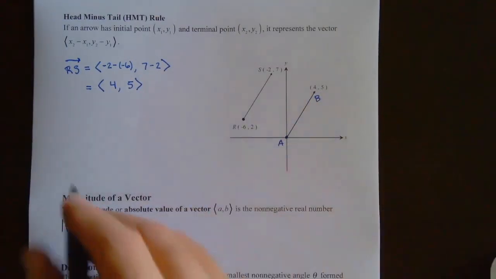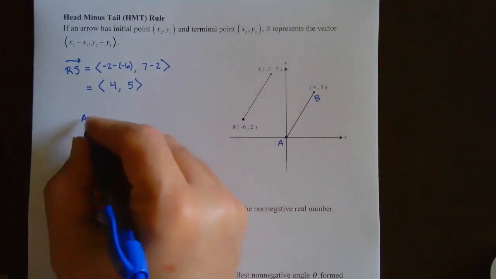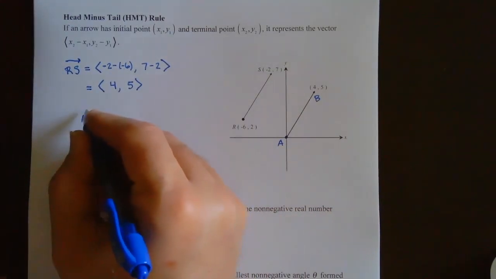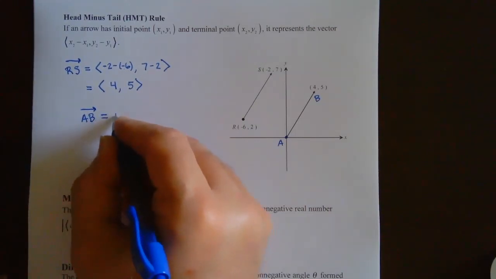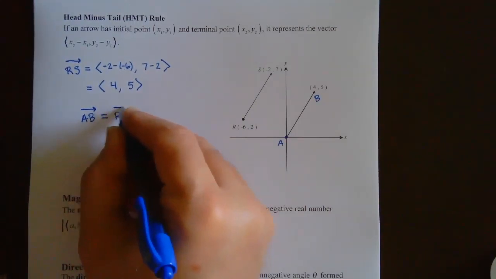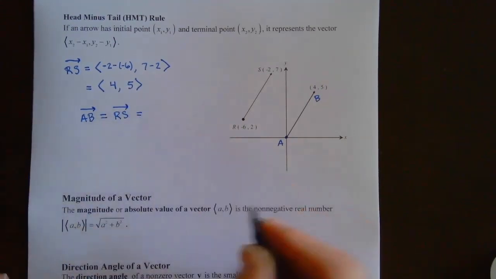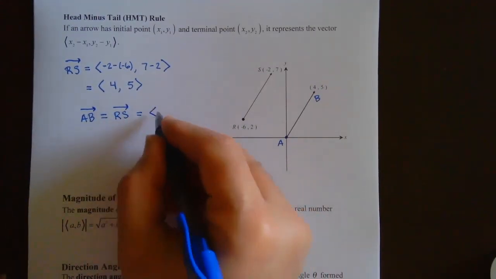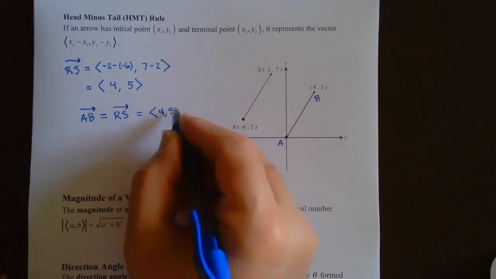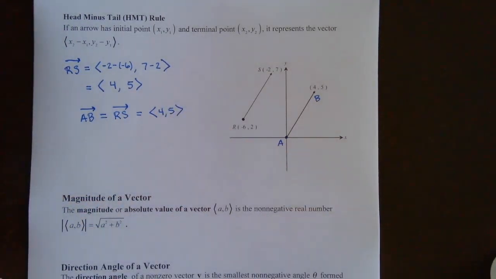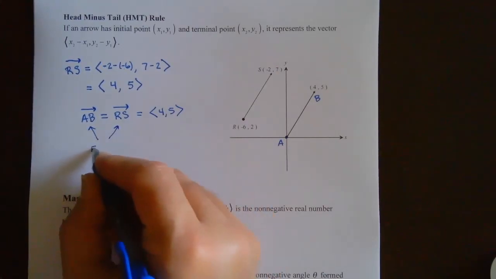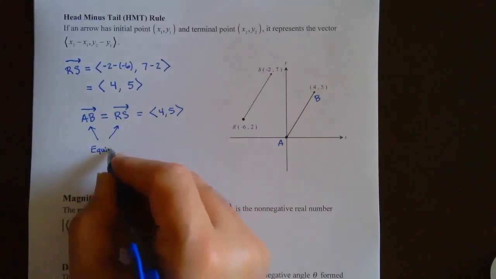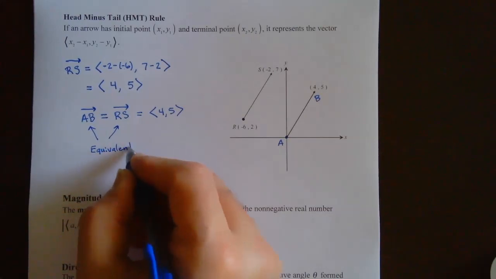So what this means is that the vector AB is equivalent to the vector RS, because they both in component form become the vector 4 comma 5. So we would say that these are equivalent vectors.